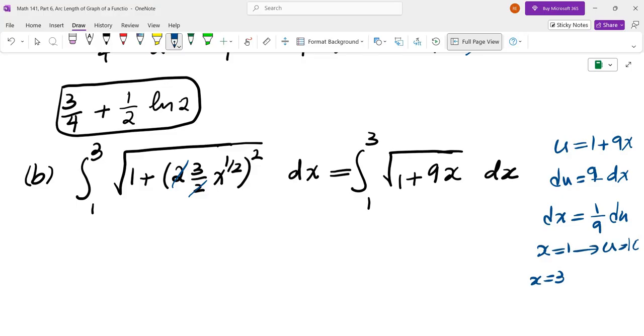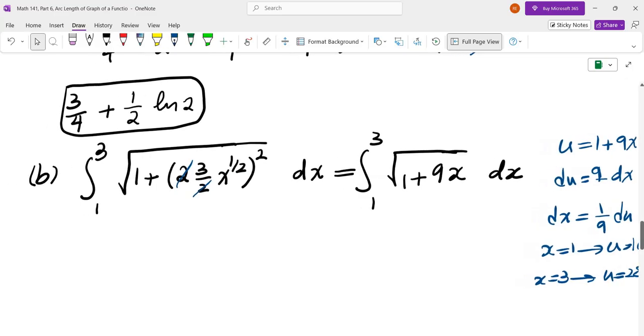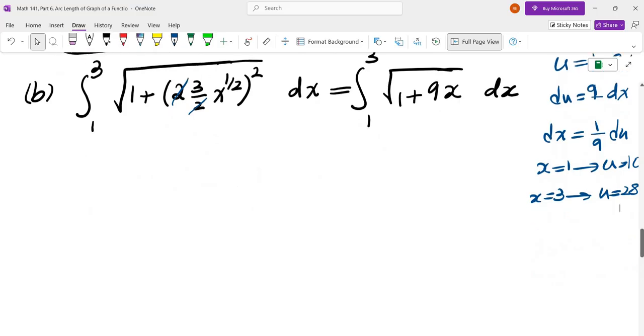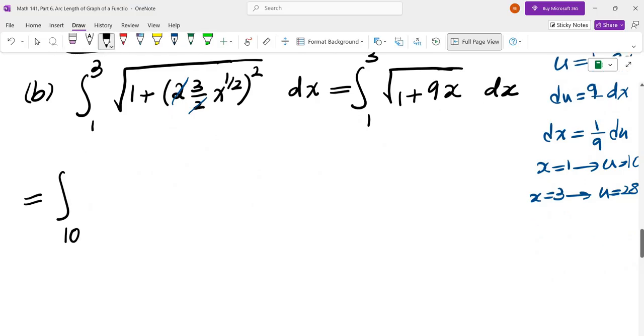If x is 3, u becomes 28, 1 plus 9 times 3. So this becomes the integral from 10 to 28 of root u du, and we have to divide that by 9 because dx is 1/9 du.